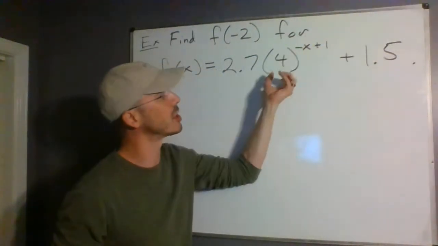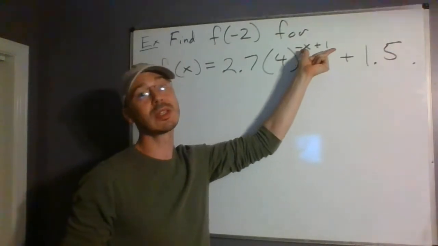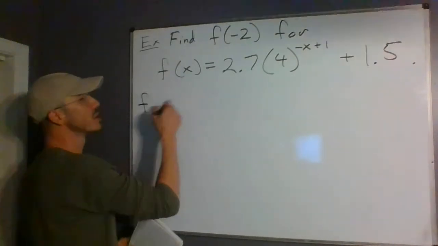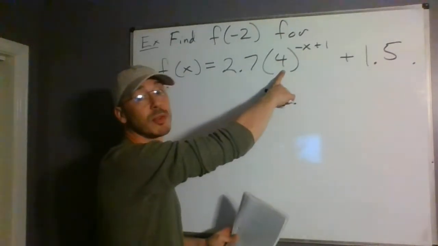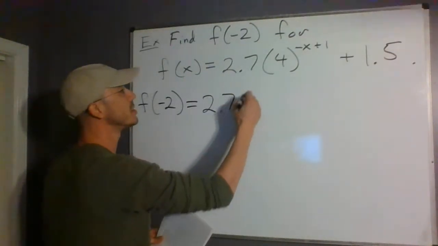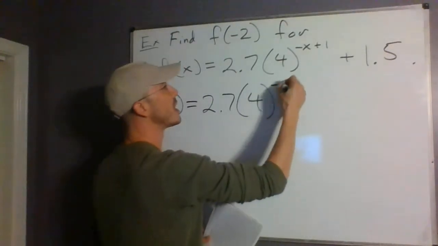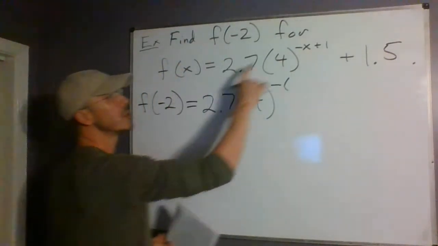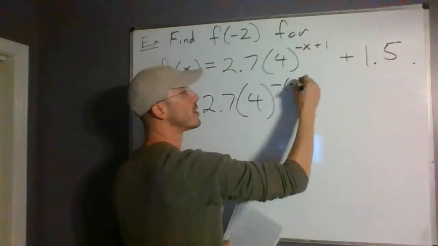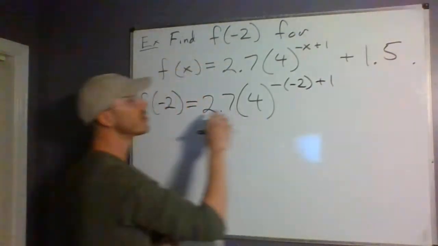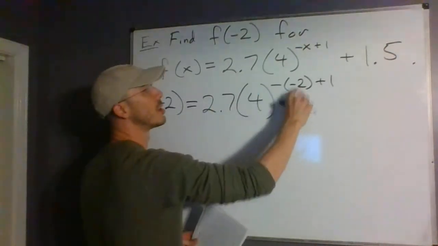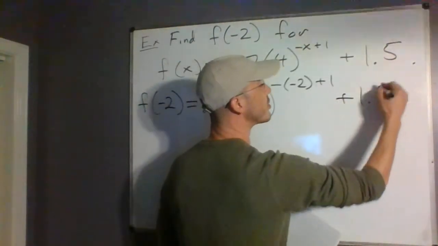It's not just an exponential part. There are things that we need to do in the exponent and some other things. According to the order of operations, I need to work with parentheses first. F of negative 2 is 2.7 times 4 to the negative, now I'm going to put in negative 2 in place of x. Oh, that already has a negative sign there. So negative, negative 2, plus 1, plus 1.5.